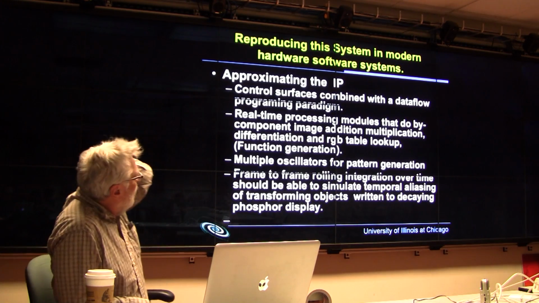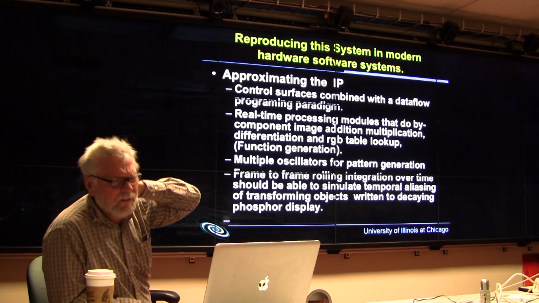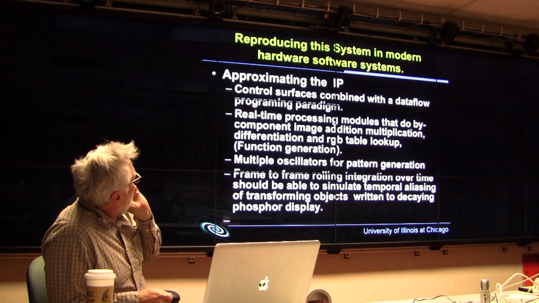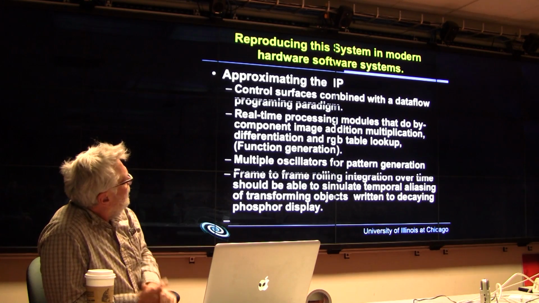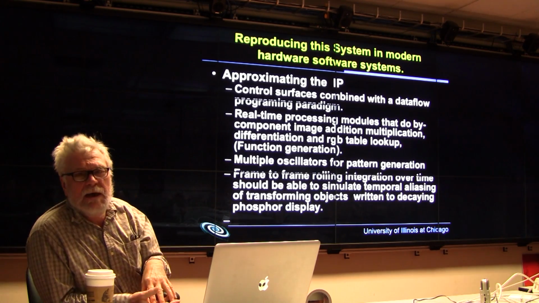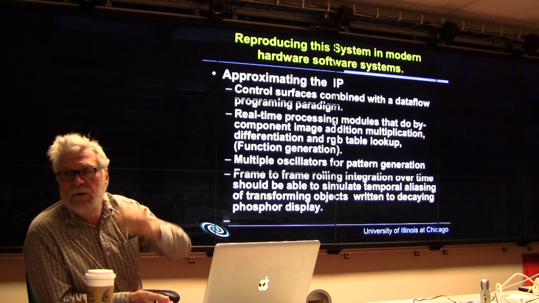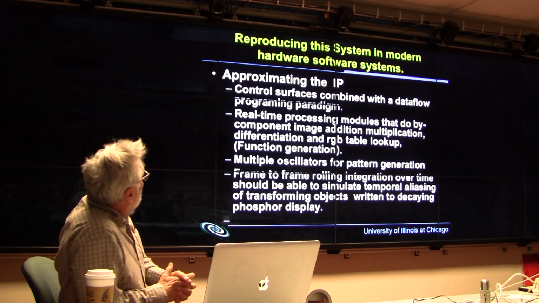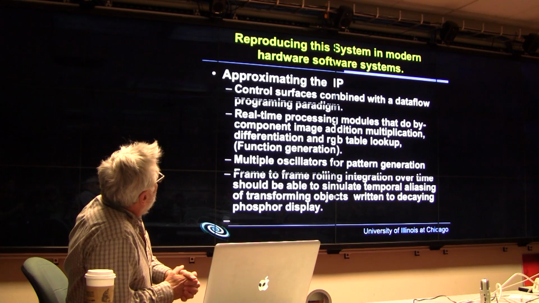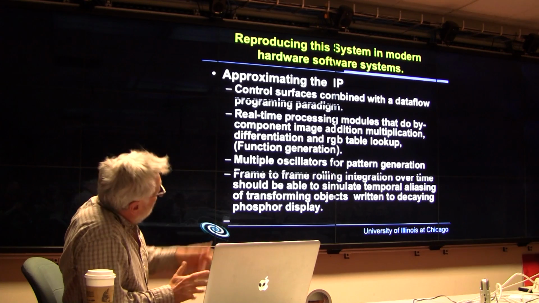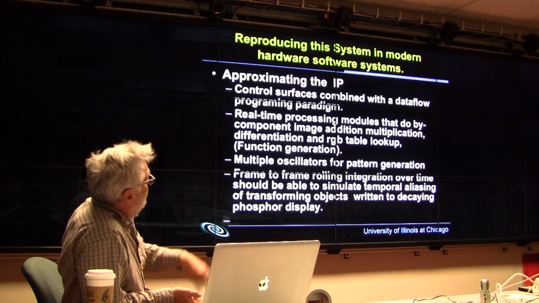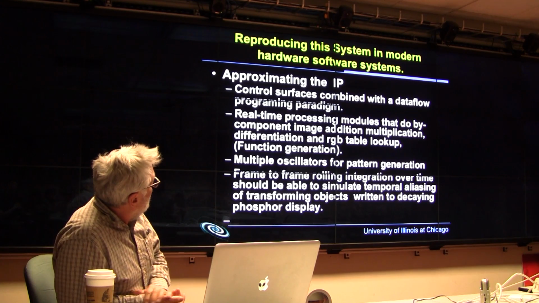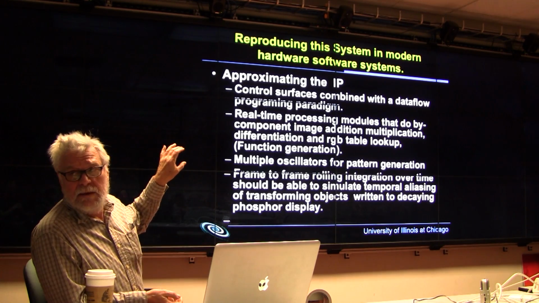So let's talk about what it would mean to try to approximate some of these systems. And I think the IP, if you had control surfaces combined with a data flow programming paradigm, in other words, the idea of patching modules together, which is common in a number of performance systems still, and then had real-time processing modules that could do bi-component image addition, multiplication, differentiation, RGB table lookup, function generation, would pretty much duplicate the IP.